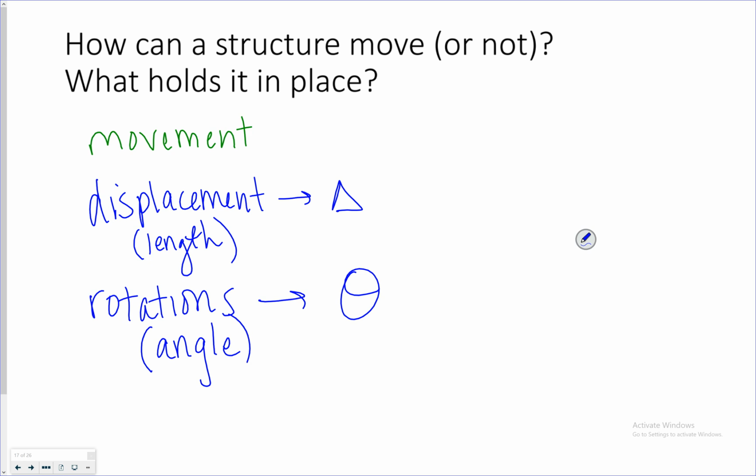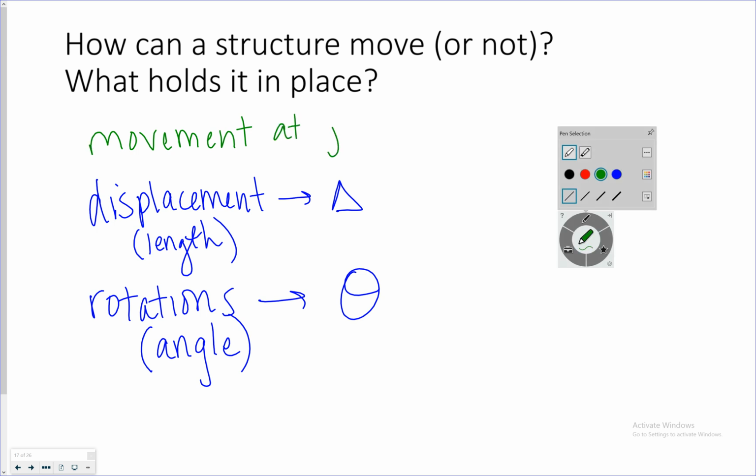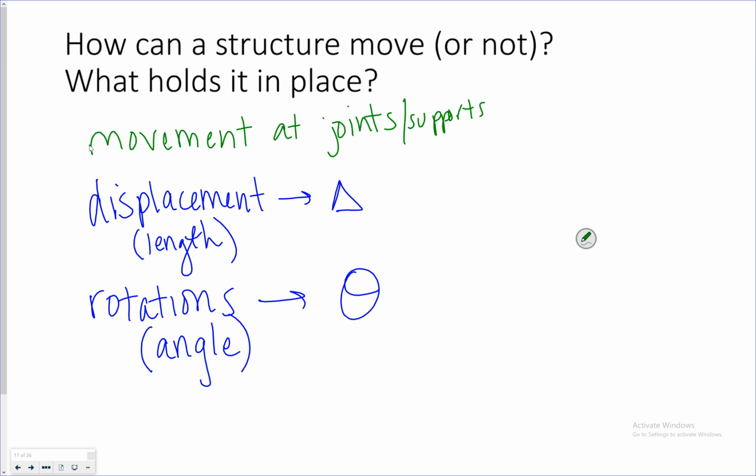So let's say movement at joints or supports. It's how we measure the movement of a structure.